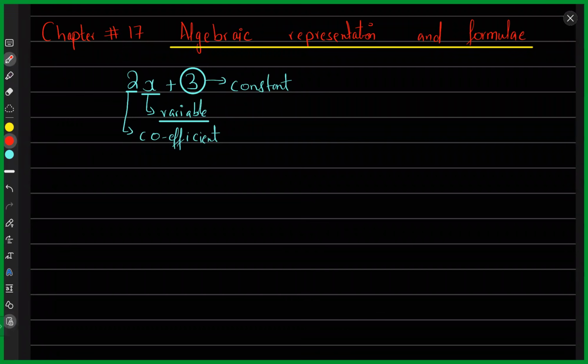All right, now the next thing is the difference between 2x plus 3 and 2x plus 3 equals 0. This right here is just an algebraic expression, but this right here has an equality sign, so it is an equation.